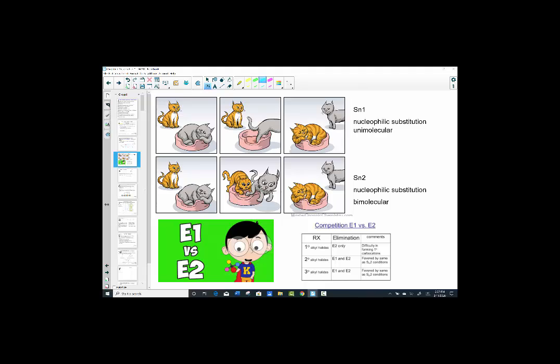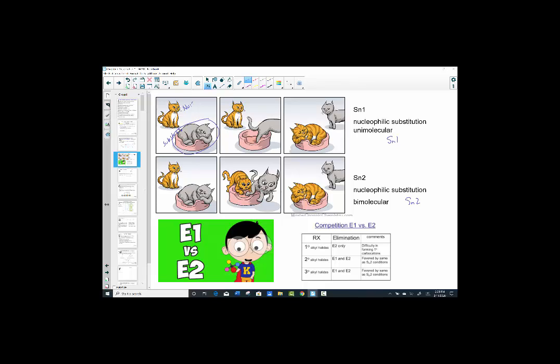Here's a nice graphic to give us insight of where we're heading. In the kitty cat cartoon, if you will, this represents substitution reactions, SN1 and SN2. Notice that we have what we refer to here as our substrate. This gray kitty cat is laying in the bed, and this is our attacking molecule we'll call the nucleophile.